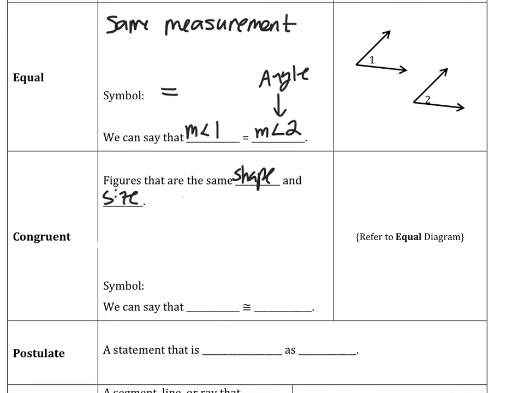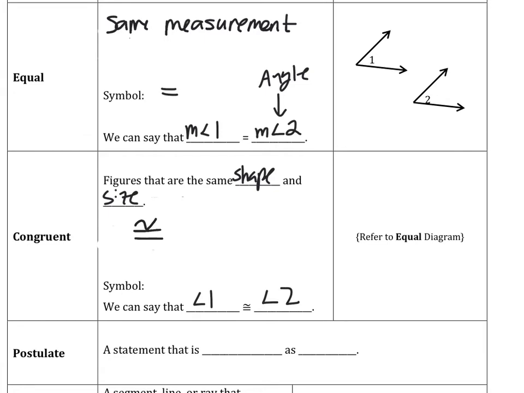So we're going to use a symbol that's a little squiggle line on top of the equal sign. So if we wanted to say that two angles are congruent, we would say angle 1 is congruent to angle 2.